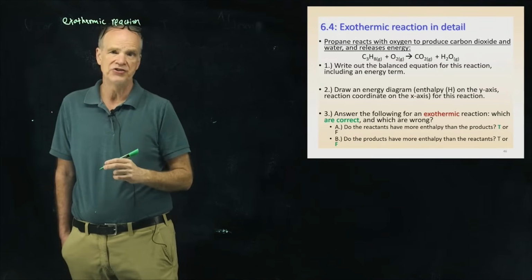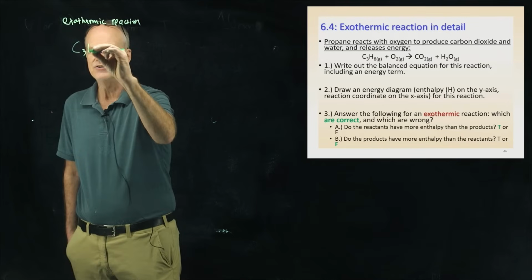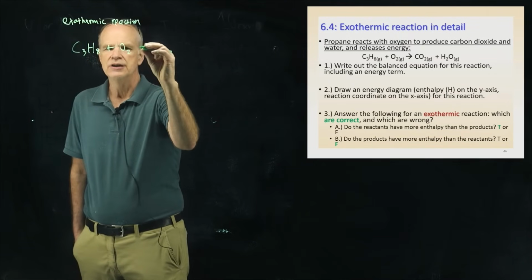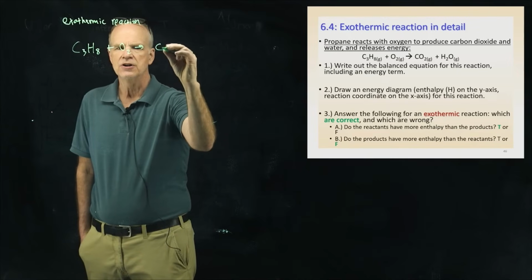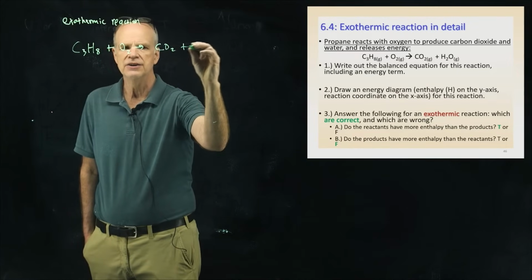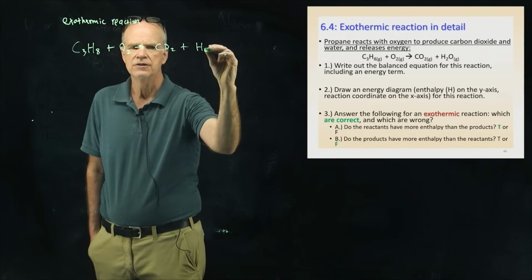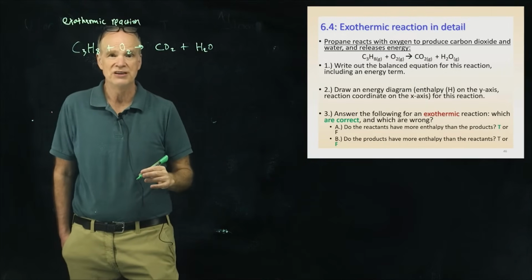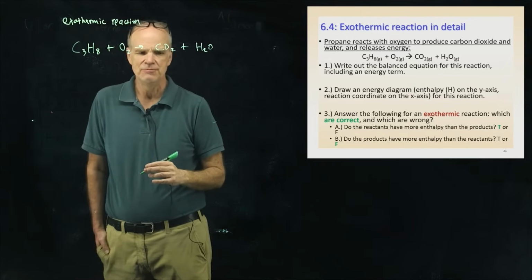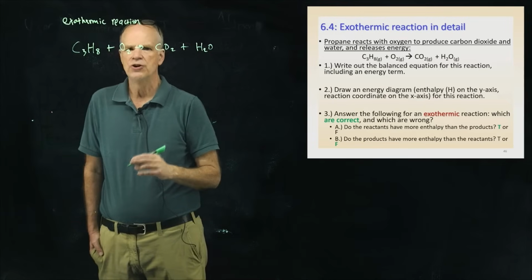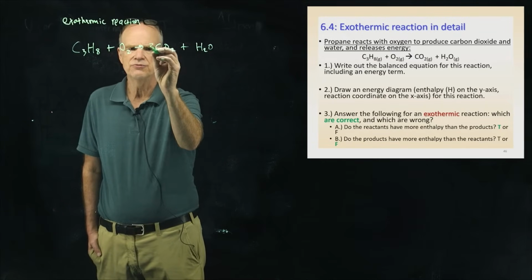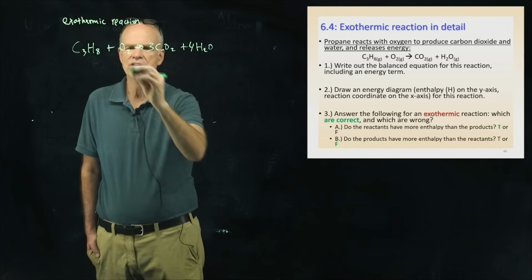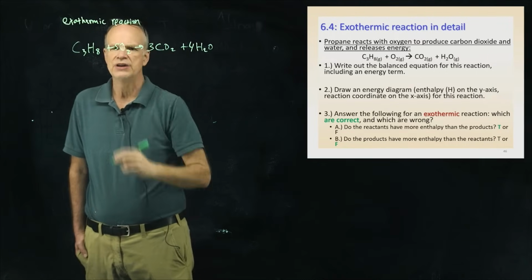So propane is C3H8, and it's going to react with oxygen, and it produces carbon dioxide and water. Okay, so I'm going to leave out state symbols just to make my life a little bit easier with this problem. Now let's go ahead and balance the equation. So when I balance it, I need to put a 3 in front of the carbon dioxide, a 4 in front of the water, and then a 5 in front of the oxygen.